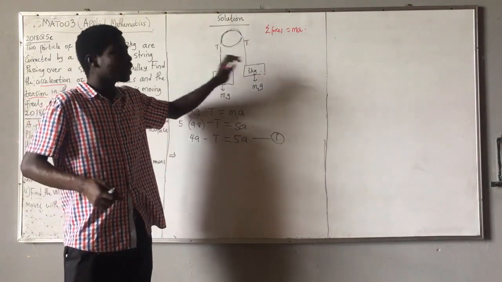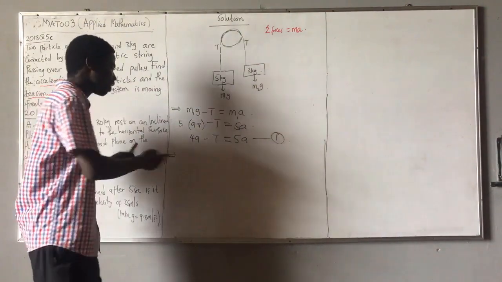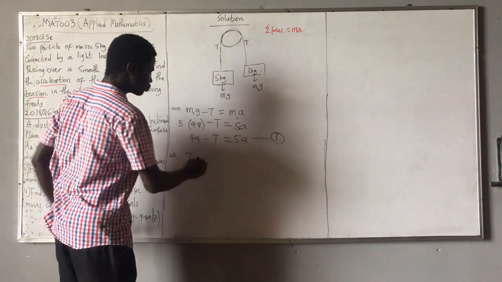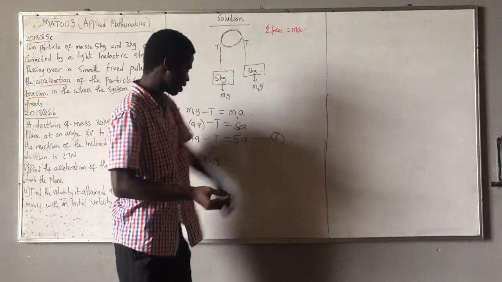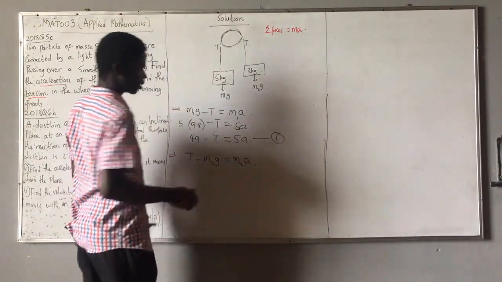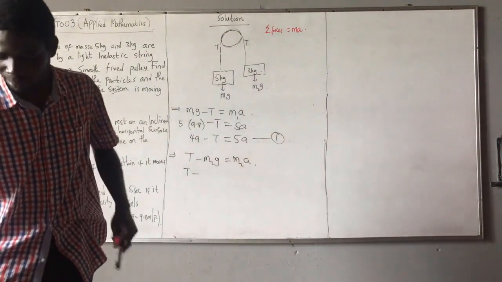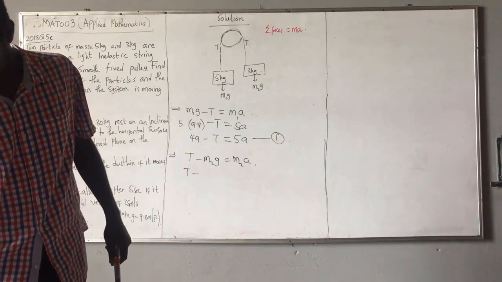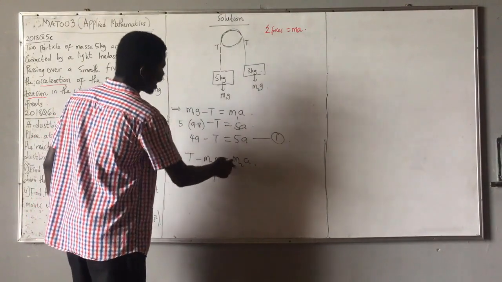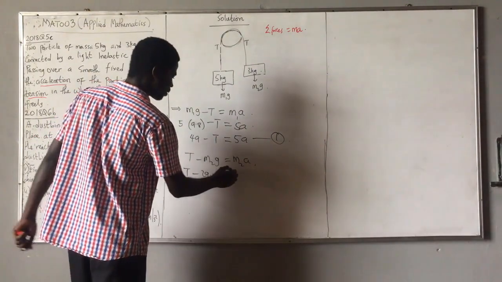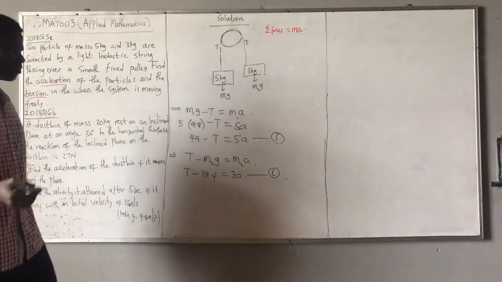The bigger one minus the smaller one: T minus M2g is equal to M2 times A. M2 is 3, so 3 times 9.8 gives me 29.4. So T minus 29.4 equals 3A. That's equation 2.